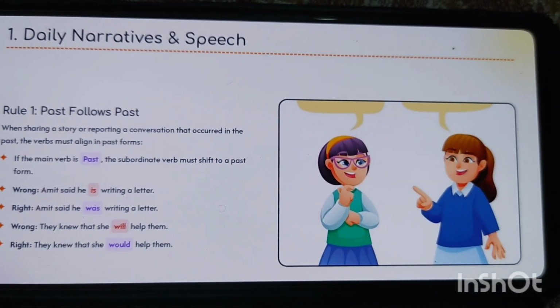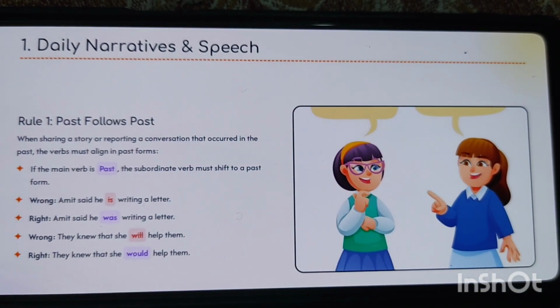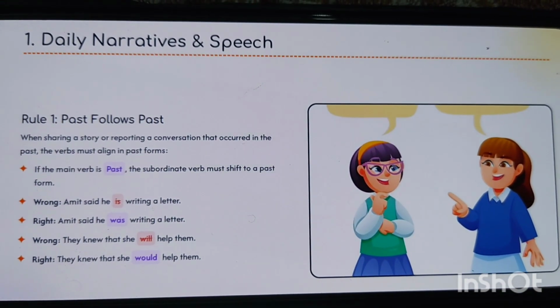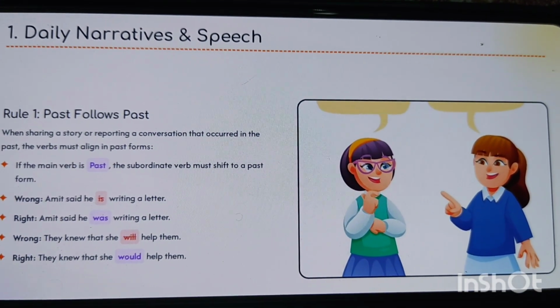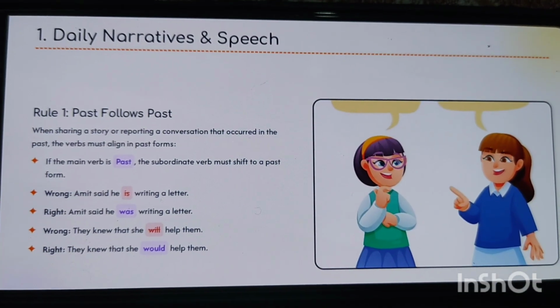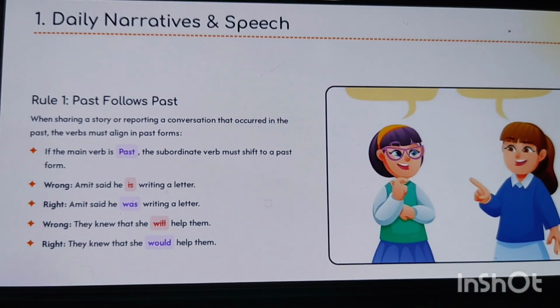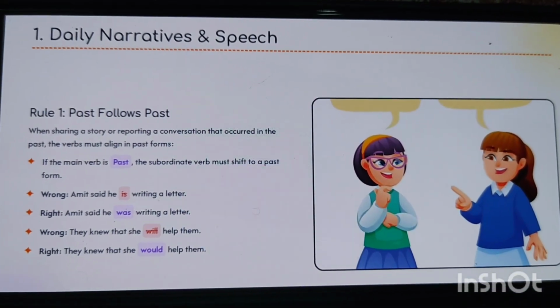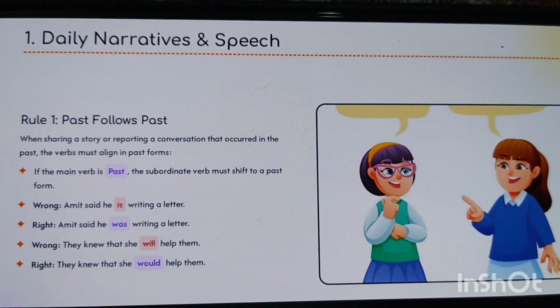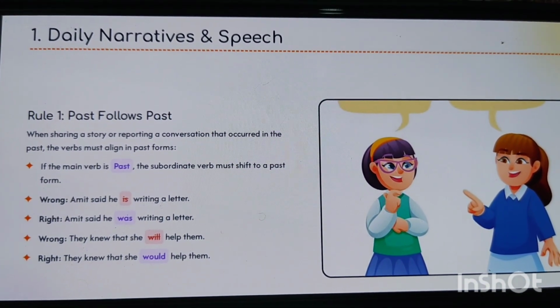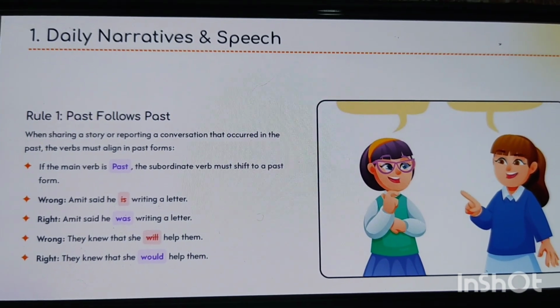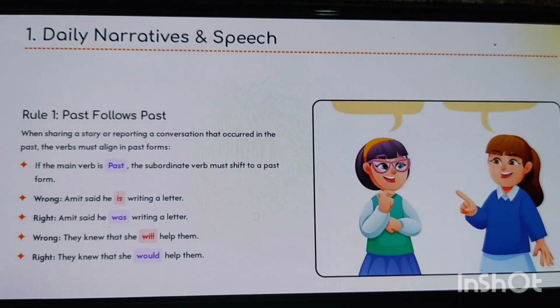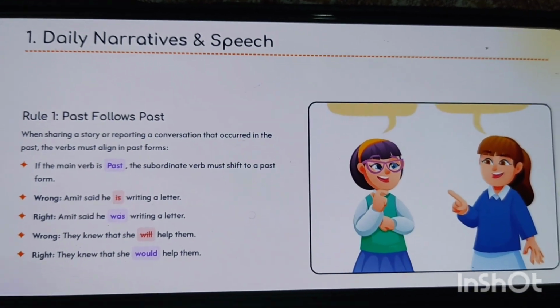Now let's discuss the rules, how we can change the tenses. Rule 1. Past follows past. When sharing a story or reporting a conversation that occurred in the past, the verb must align in past form. If the main verb, for example, is past, the subordinate verb must shift to a past form.